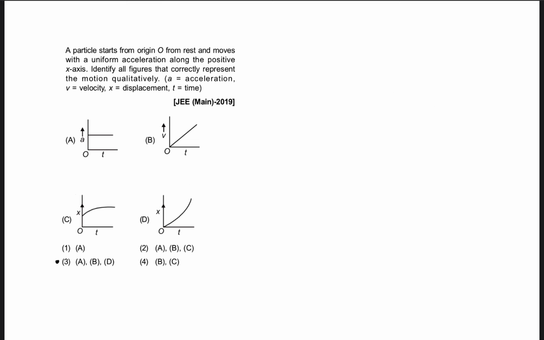Okay, now next one. A particle starts from the origin from rest and moves with uniform acceleration along the positive x-axis. Identify which graphs are possible. As a is constant, the graph is parallel to the time axis, so the first graph is correct. The velocity time graph passes through the origin.